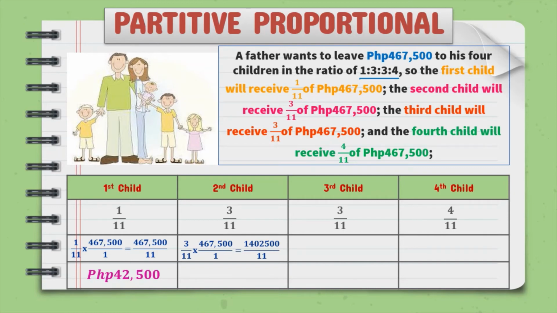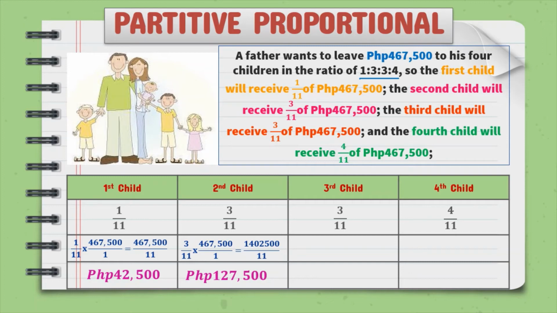The second child, 3/11 times 467,500, we will get 1,402,500 over 11. Then we will divide 1,402,500 by 11. So we will get 127,500.